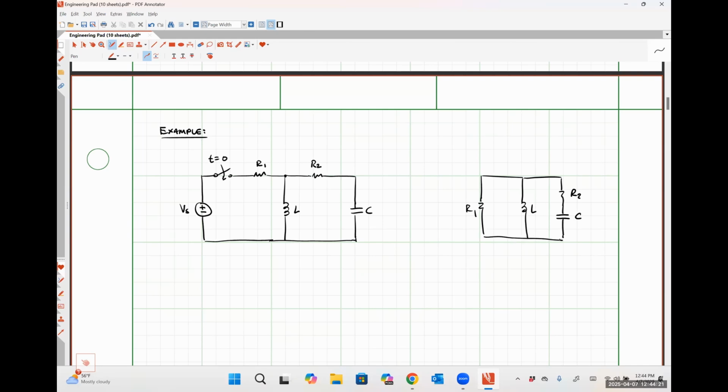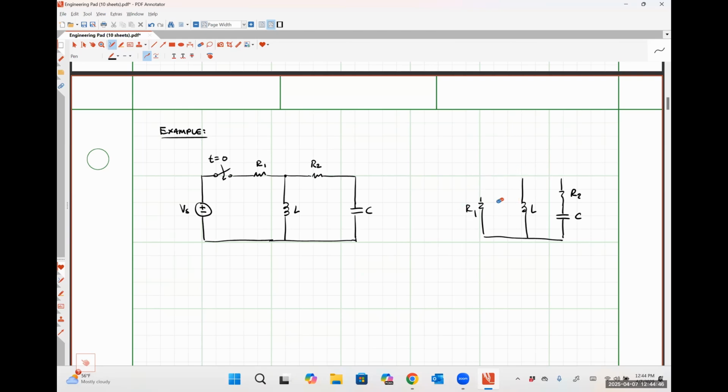So it's really close to a parallel RLC circuit, except that resistor R2 there is messing things up. So what we're going to have to do is write a second order differential equation for this system and then solve for those coefficients alpha and omega naught based on what the coefficients of that second order differential equation are, to understand how it's going to behave.